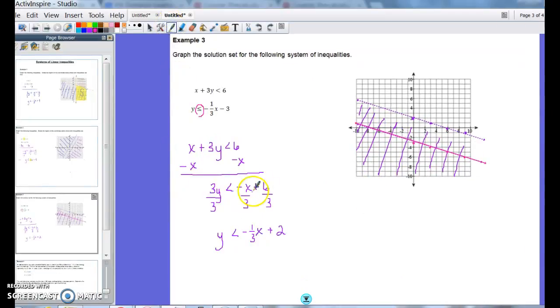And because it's less than, I'm shading below that, so that is going to be down here as well. And so you can easily see here where our two shaded regions overlap. And that would be all this area in here, right, is where they overlap. So I'll just highlight it so you can see it a little better. That's our region where they overlap.